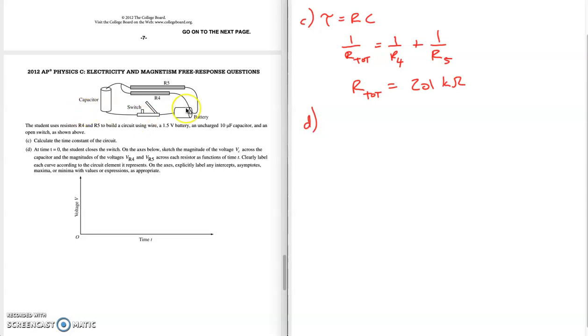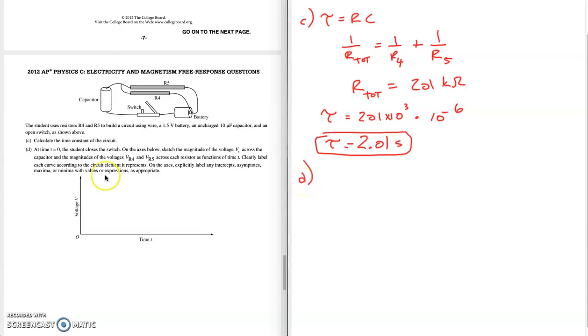Oh wait, no, the time constant, that's the resistance. We're not done with part C yet. The time constant then is going to be 201 kiloohms times 10 microfarads. So 201 times 10 to the third times 10 to the minus 6th, because that's micro, which gets us 2.01 seconds for the time constant.